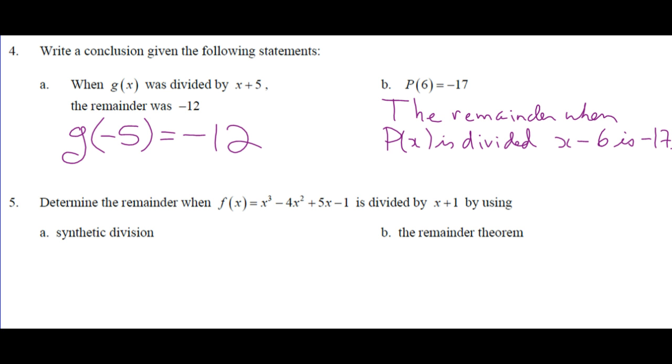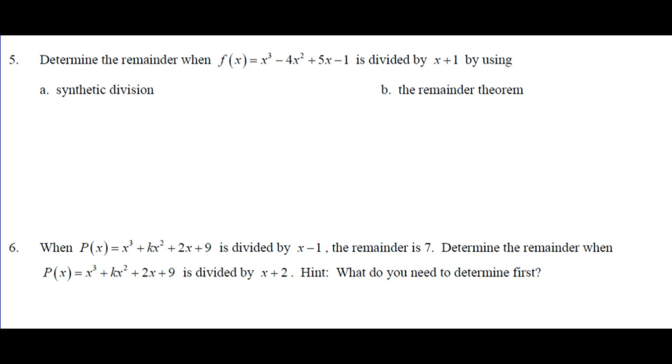Or if you know that a function evaluates to something, then you can say that's the remainder you'd get if you divided by x minus whatever the something is. Question? No, good.